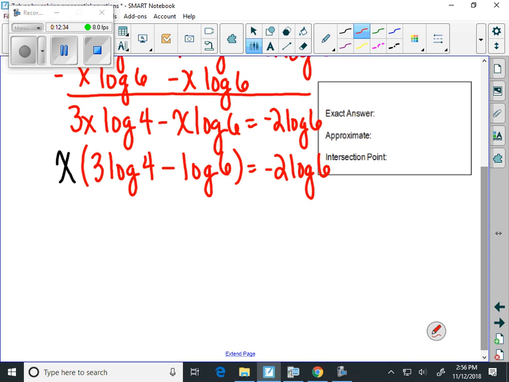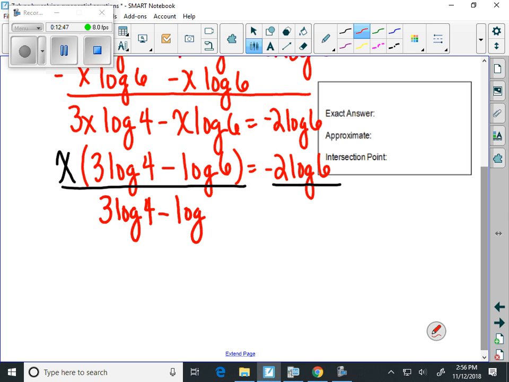It's x times that parentheses, so we're going to undo that by dividing. We're going to divide by 3 log 4 minus log 6, and over here, 3 log 4 minus log 6.